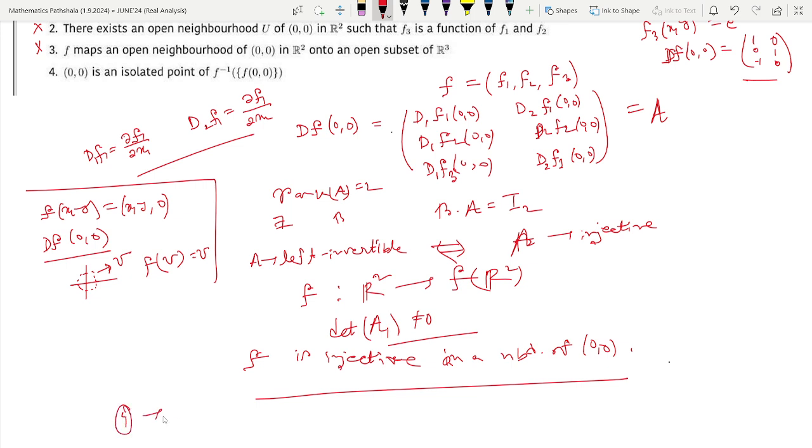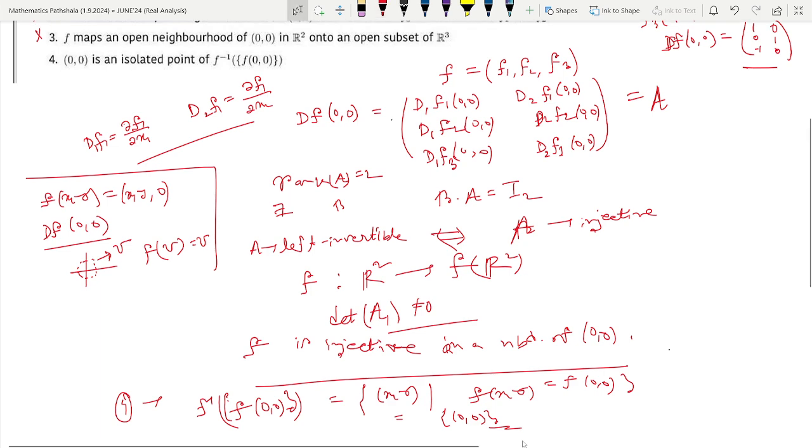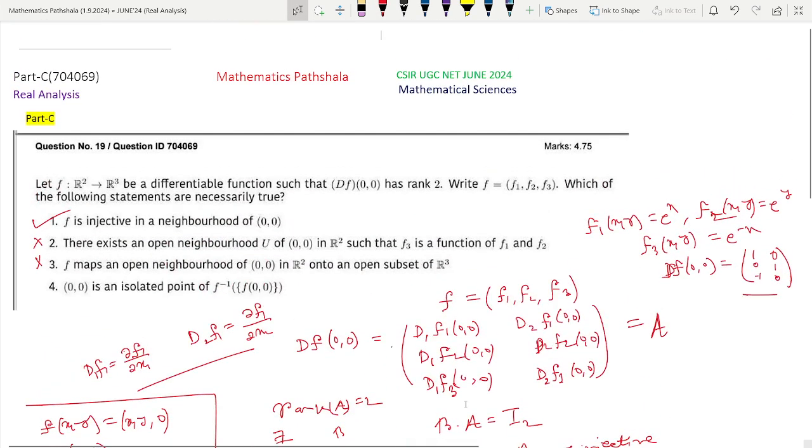For option 4, see this f inverse of f(0,0) is actually all such (x,y) belonging to R2 such that f(x,y) equals f(0,0), and as this f is one-one in a neighborhood of (0,0), this is actually the singleton (0,0). So clearly this point is an isolated point of f inverse of f(0,0). So option 4 is also the correct option.